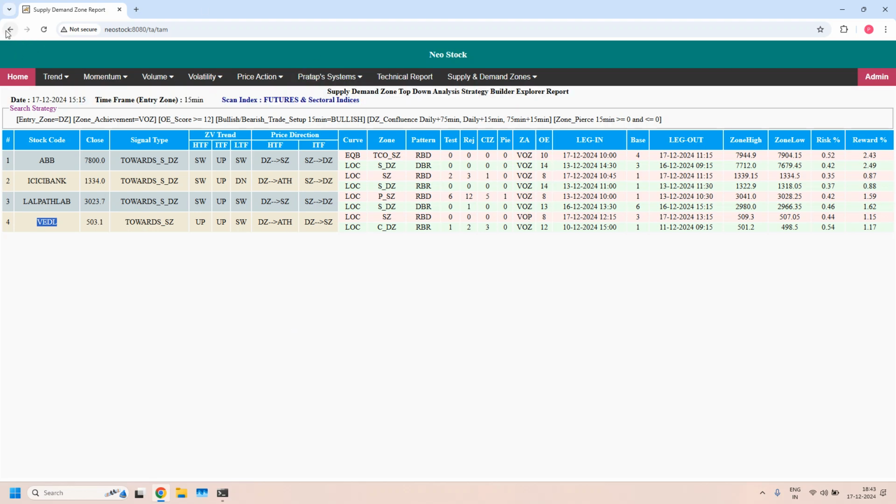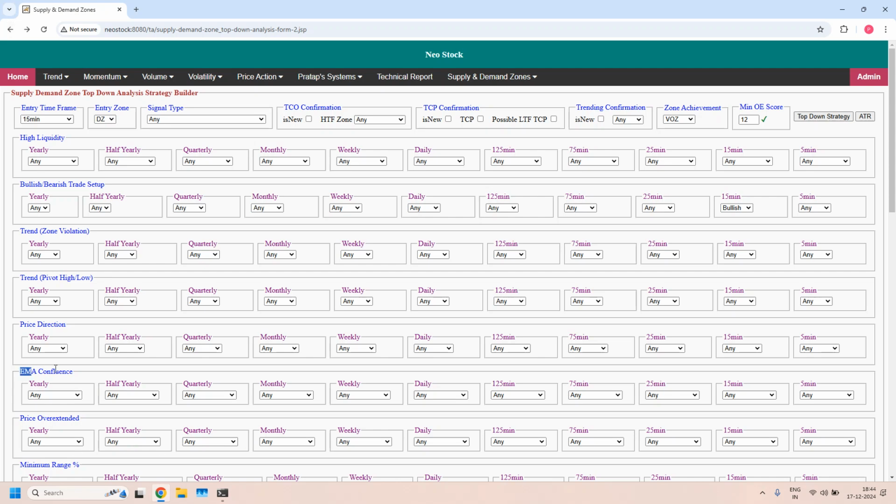Let's verify. In the EMA confluence at a daily time frame, the filter for daily demand zone having daily EMA confluence is enabled. And in the trend, it should not be sideways. That's why in the daily trend, I am selecting uptrend, because it is a bullish trade setup.